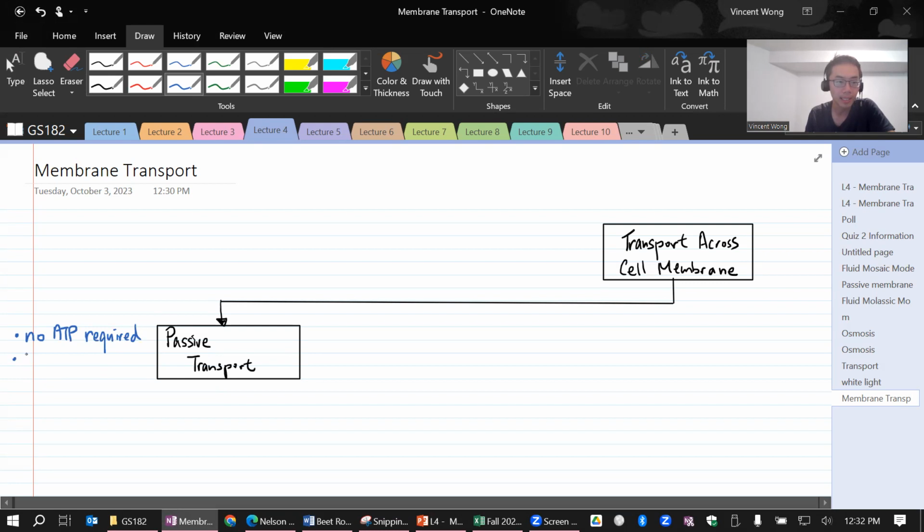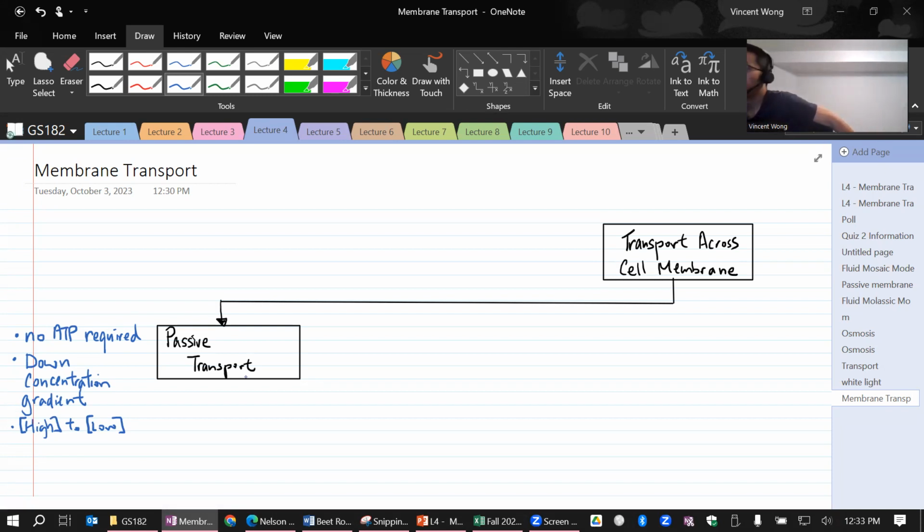It's going down the concentration gradient. Okay, meaning it's going from high concentration to low concentration. That is what passive transport means.